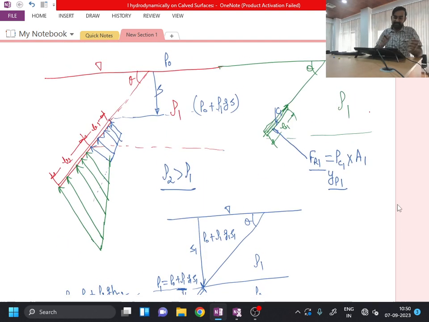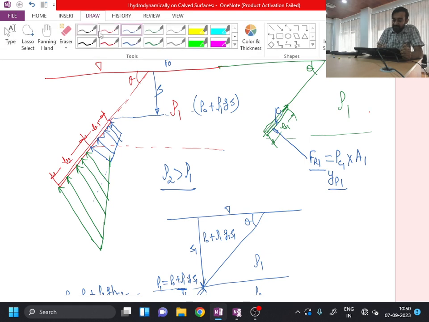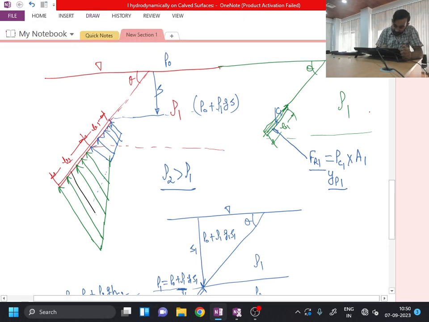So this is quite obvious that in the bottom portion the pressure distribution is more, and in the top portion the pressure magnitude is actually less. Okay, so what I can do is consider that somewhere over here, say this is my line of action of Fr2, this is my line of action of Fr1, and somewhere over here, say this is my line of action of the net resultant force Fr.